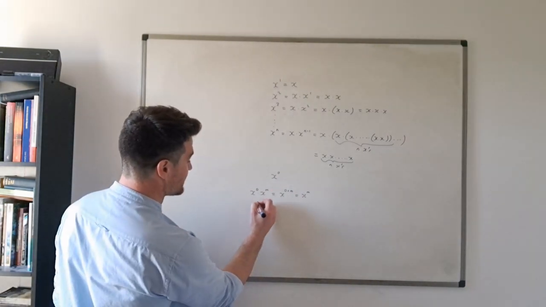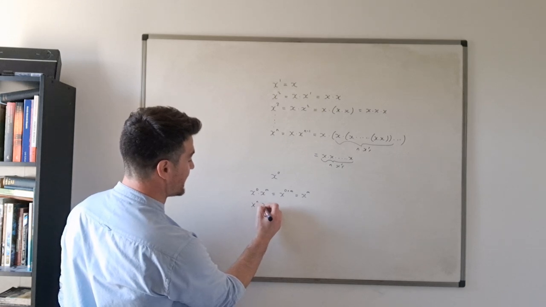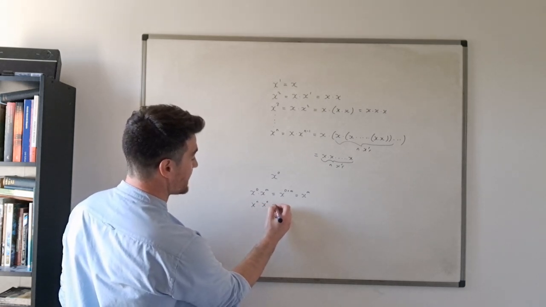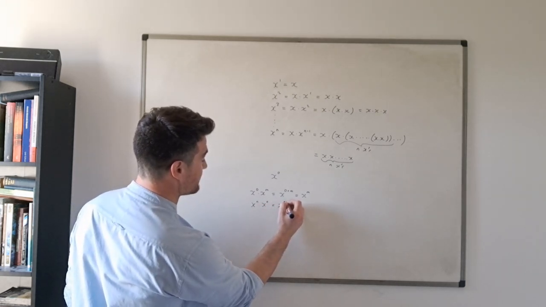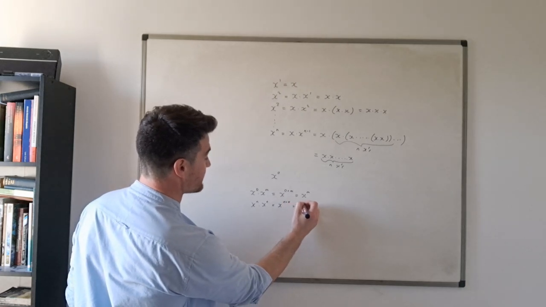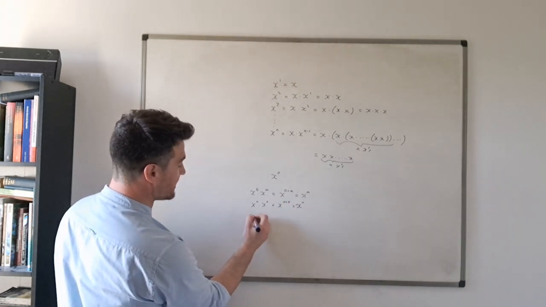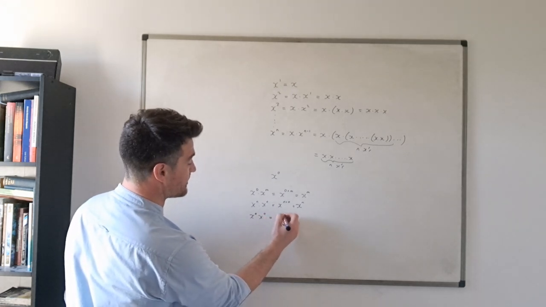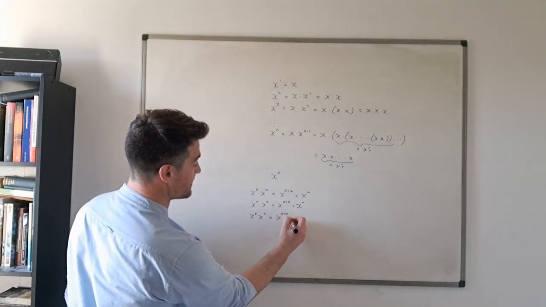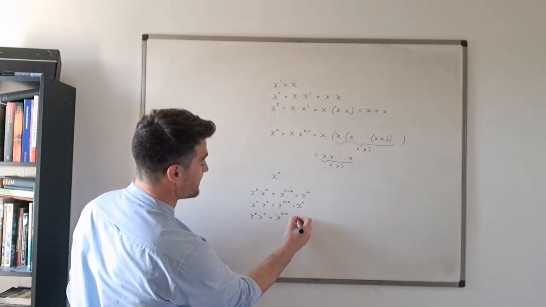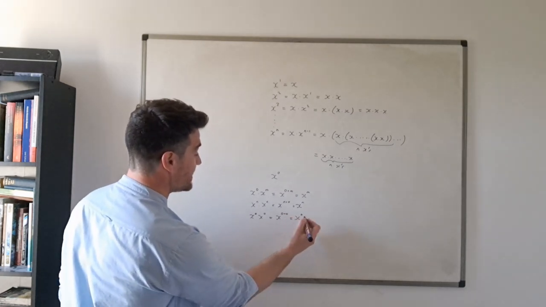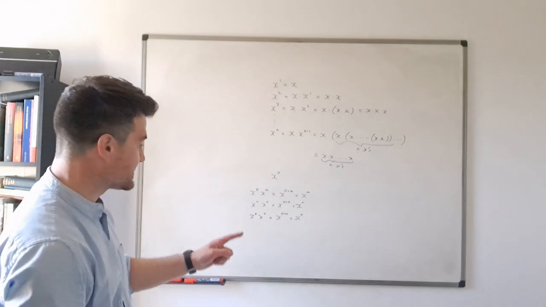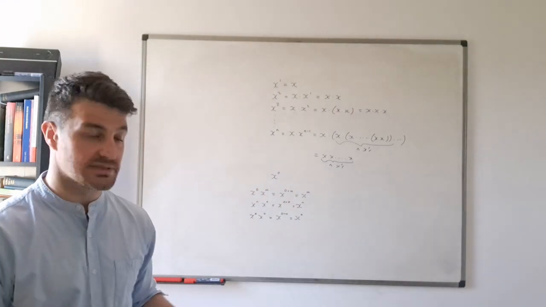Similarly, I want x to the power of n times x to the power of 0 to be equal to x to the power of n plus 0, which equals x to the power of n. And I'd also like x to the power of 0 times x to the power of 0 to be equal to x to the power of 0 plus 0, which equals x to the power of 0. These are the desirable properties that I want to follow from this.